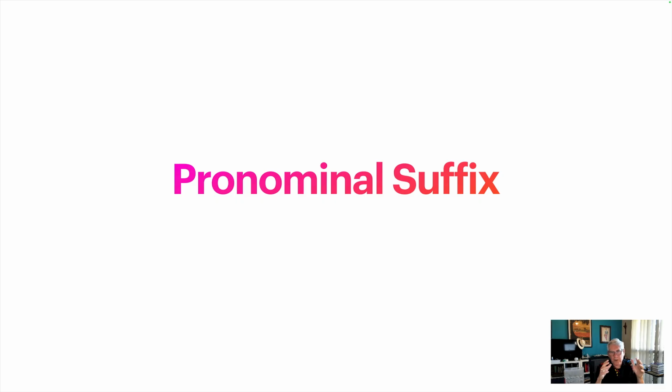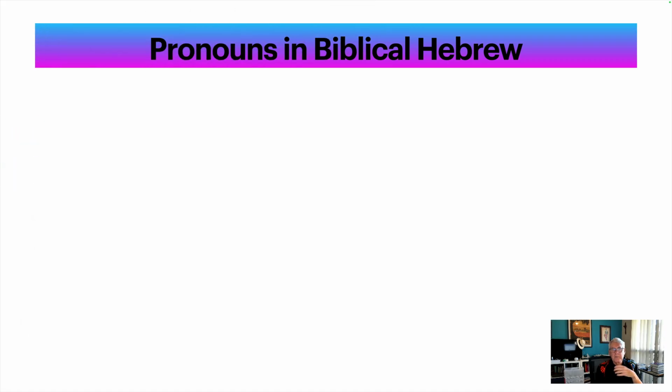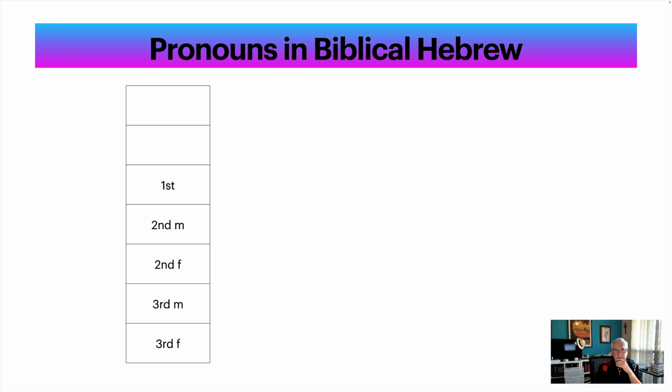So while we're pushing your learning out into slightly deeper waters, let's have a look at the personal pronouns, and particularly suffixes, the way that personal pronouns can be attached to nouns in biblical Hebrew. So we're going to have first, second, third persons, and because we're talking about a very inflected language, both the second person and the third person will be inflected for number and also for gender.